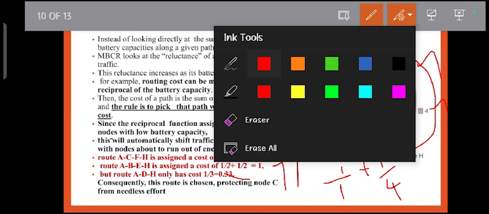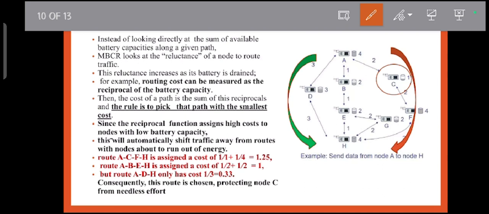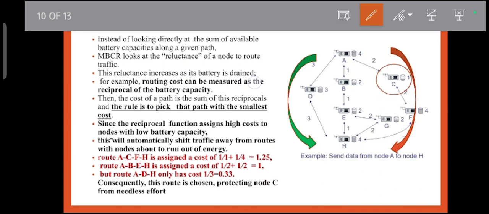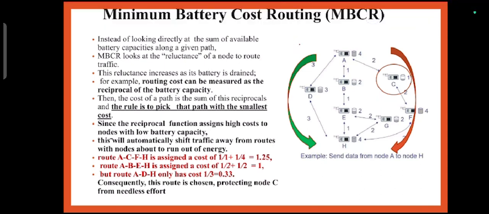The next possible path is A, D and H. The intermediate node is 3, only 3. So 1 by 3 is equal to 0.33. Among all these three values, the minimum cost is 0.33. So this path is chosen under the minimum battery cost routing algorithm.